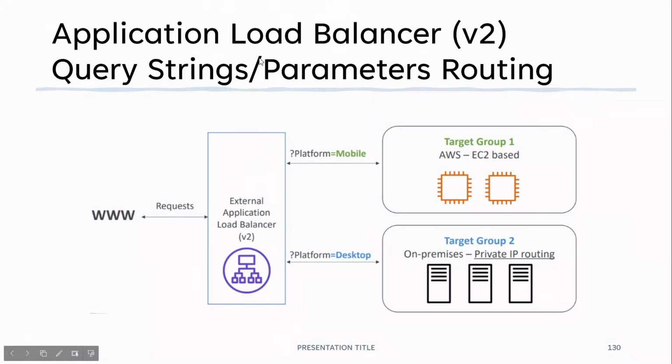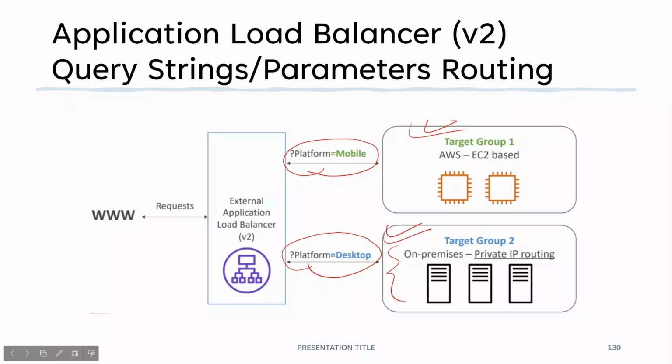Now we saw a particular rule regarding path parameters, right? So basically you can also create rules based on query strings, right? So in the request there is a query string coming in that platform equals mobile, right? Now if this particular query string comes in, then you forward it to a target group which is EC2 based applications. Okay, and if a query string comes in which is platform equals desktop, then you just forward it to another target group which is an on-premises system.